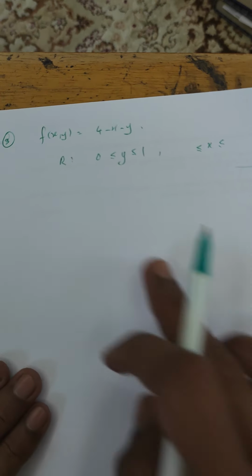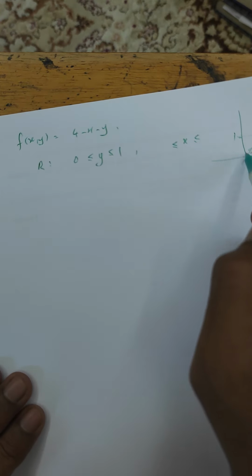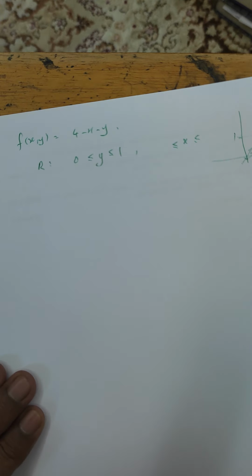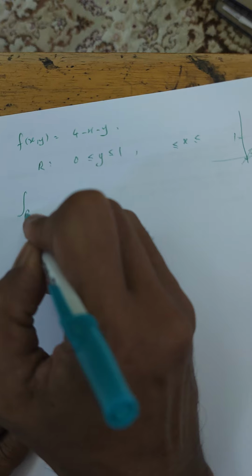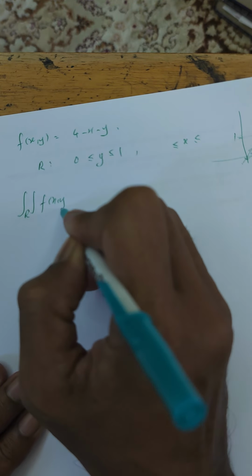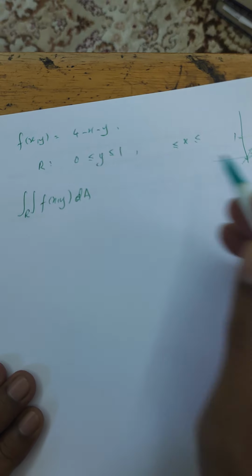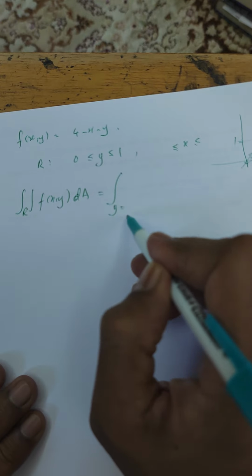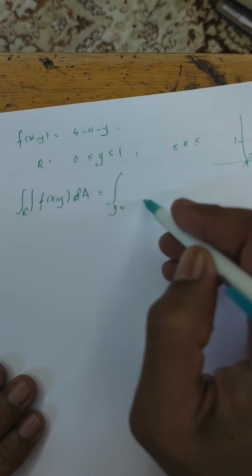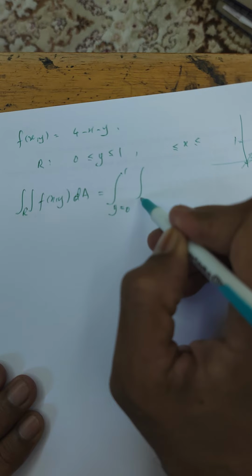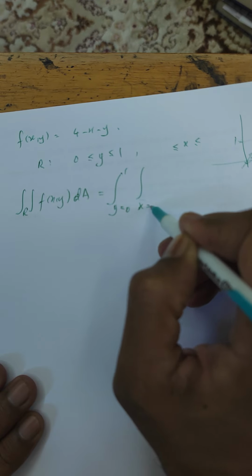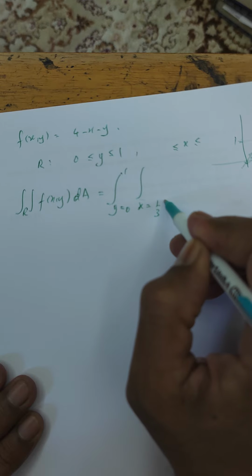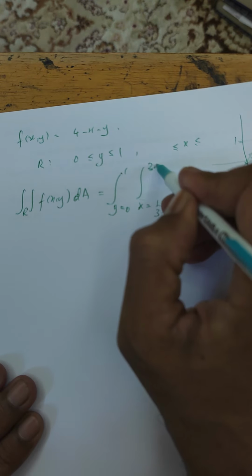Okay, so to evaluate this integral, because we have constants for y, we integrate x first, then y. So the double integral over R of f(x,y) dA is equal to, the outer integral in y from 0 to 1, and the inner integral in x from h1, which is 1/3 y, to 3y.